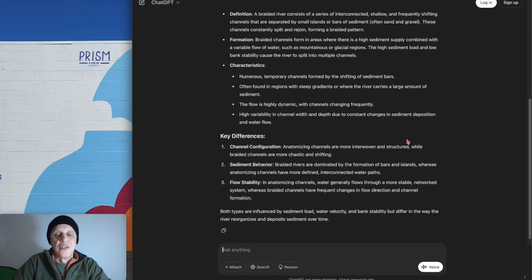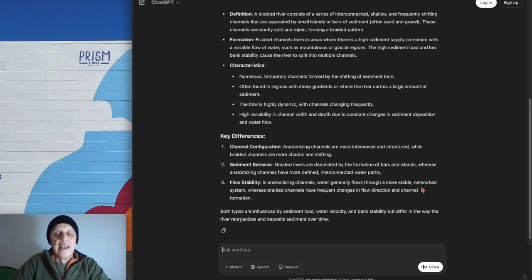The key differences: channel configuration. Anastomosing channels are more interwoven and structured, while braided channels are more chaotic and shifting. Sediment behavior: braided rivers are dominated by the formation of bars and islands, whereas anastomosing channels have more defined interconnected water paths.